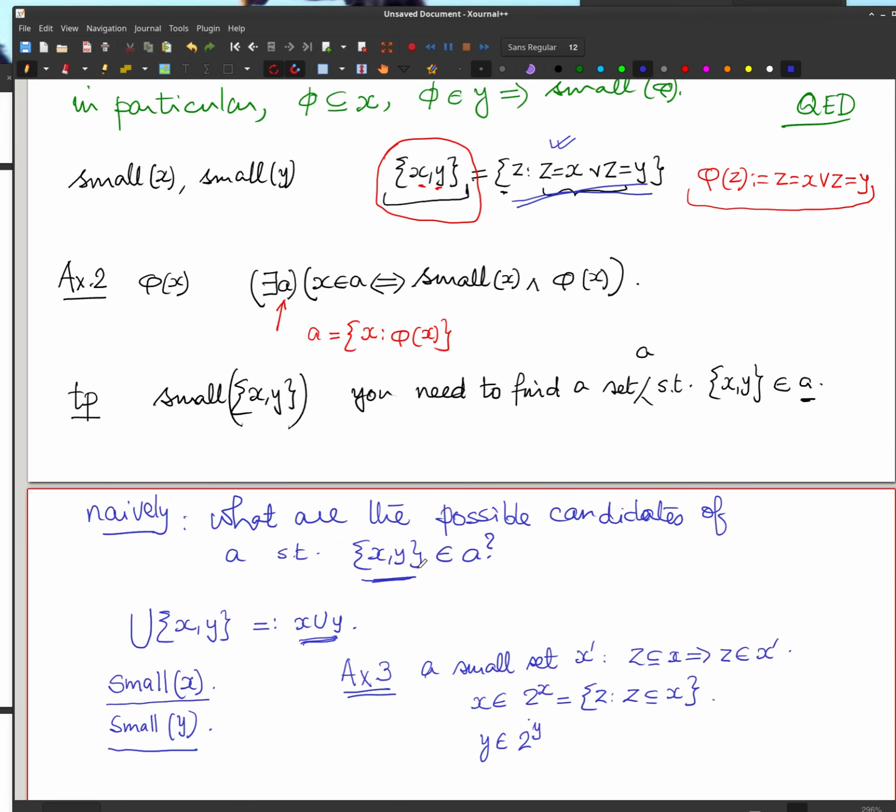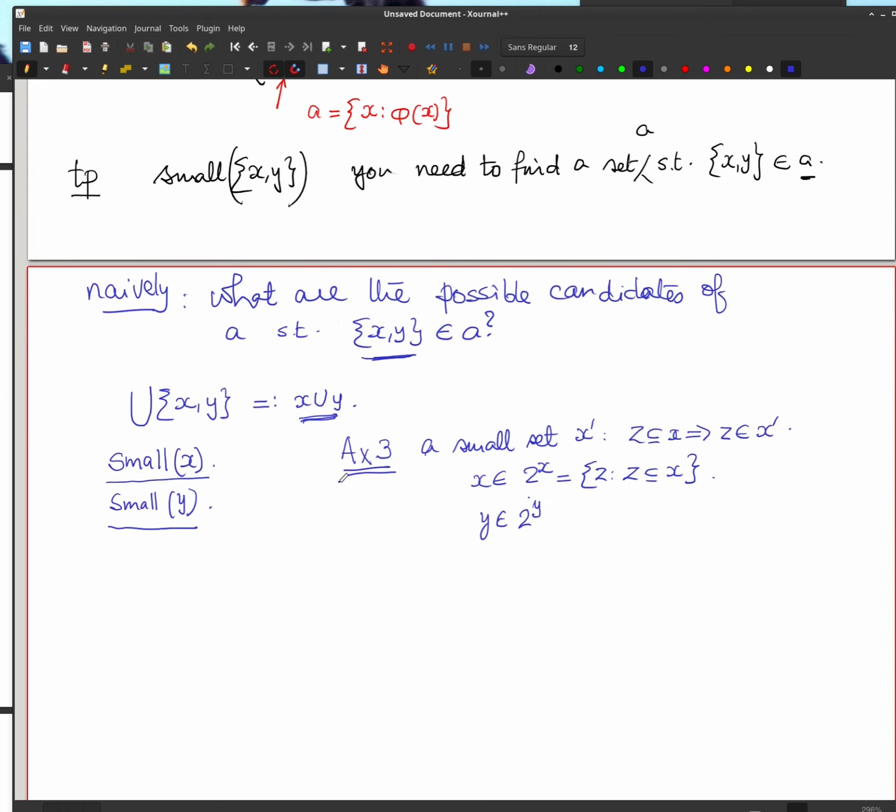So we know that 2 to the power x is small. Yes, you're right. That's exactly the axiom of power sets, axiom 3: small x implies small 2 to the power x.